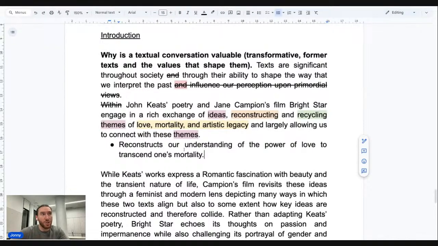Okay, it reconstructs our understanding of the power of love, or we don't even need the power of love. It reconstructs our understanding of love as an emotional force that can transcend one's mortality through their artistic legacy.